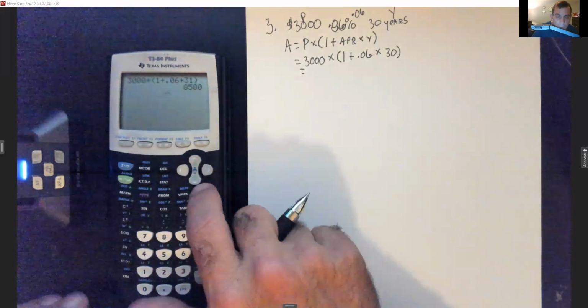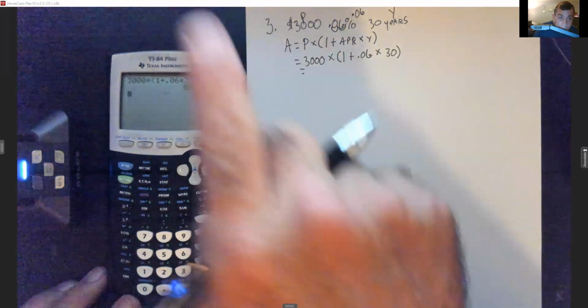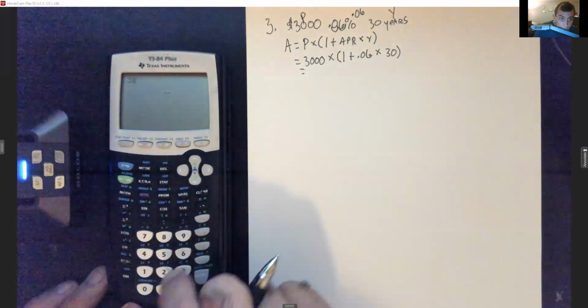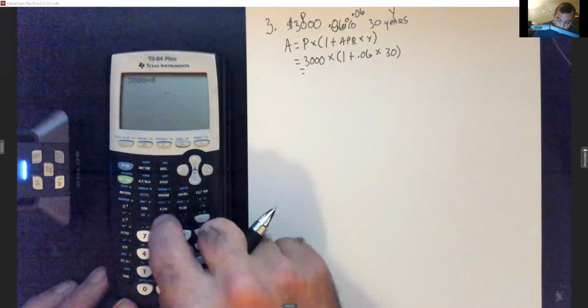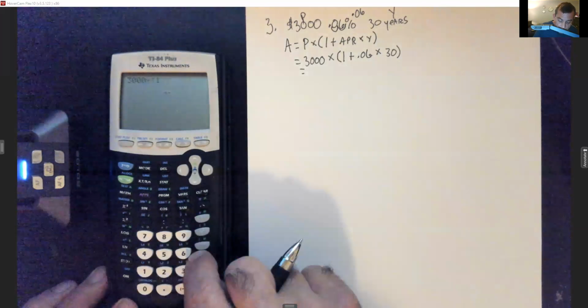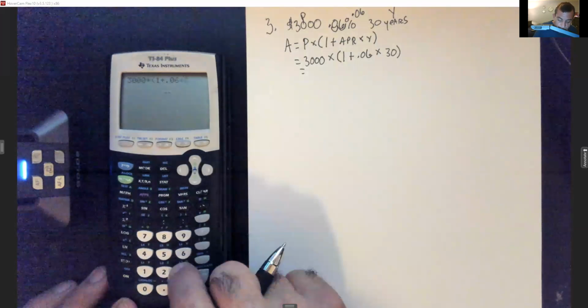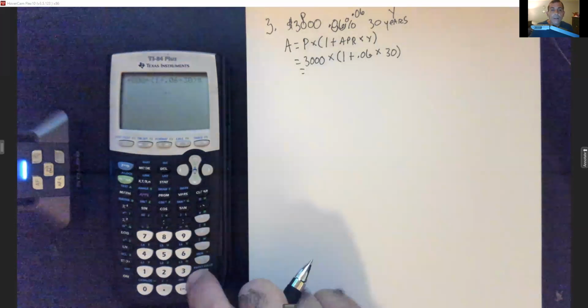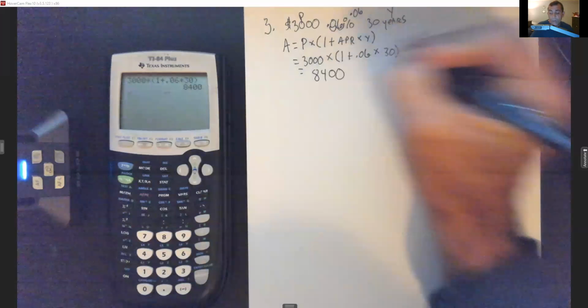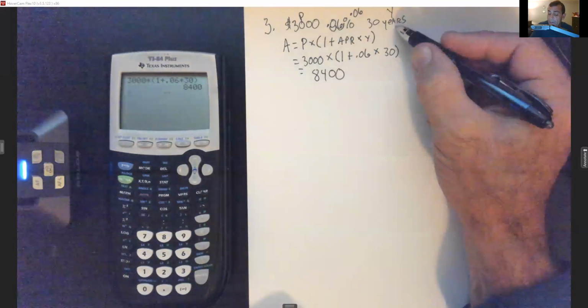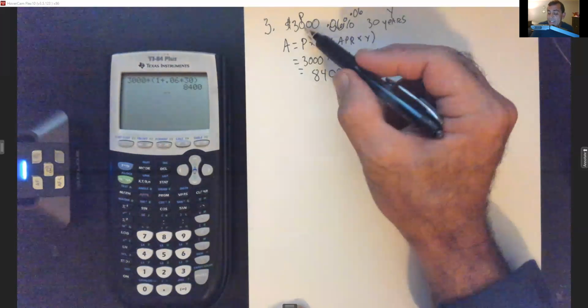Oh, I put 31 years, y'all. Okay, let's clear that. 3,000 times 1 plus 0.06 times 30. Okay, I get $8,400. So after 30 years, just invest in 3,000 at a 6%.